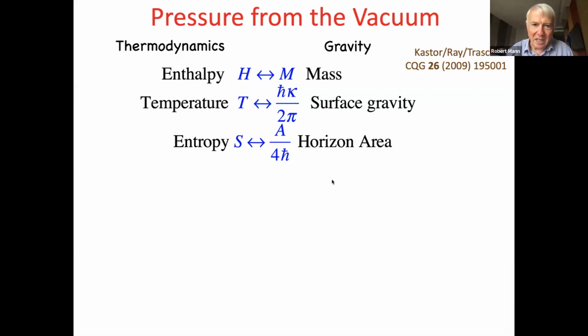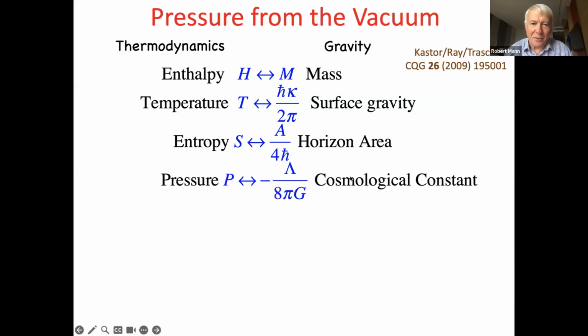The reason mass is enthalpy is because of this new ingredient. Well, maybe not so new now, it's 15 years old, positing that in a space-time that has a cosmological constant, in particular a negative one, a black hole is in an environment with pressure, the pressure of the vacuum, basically.